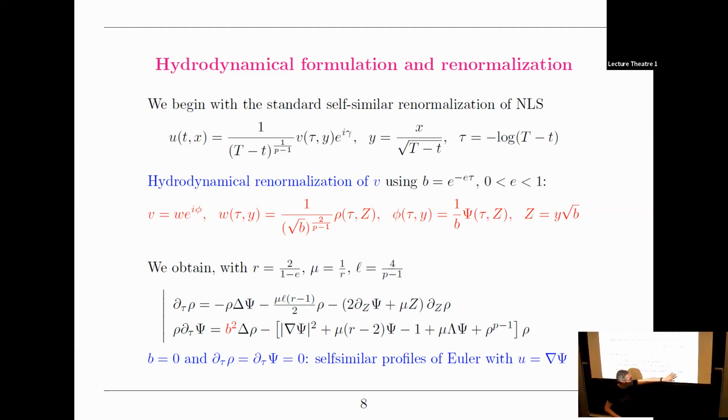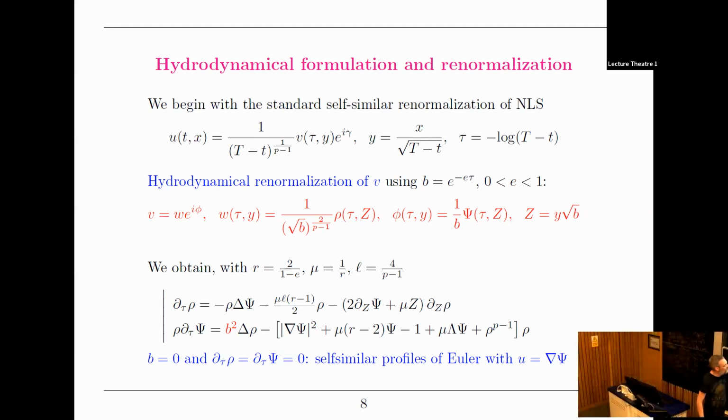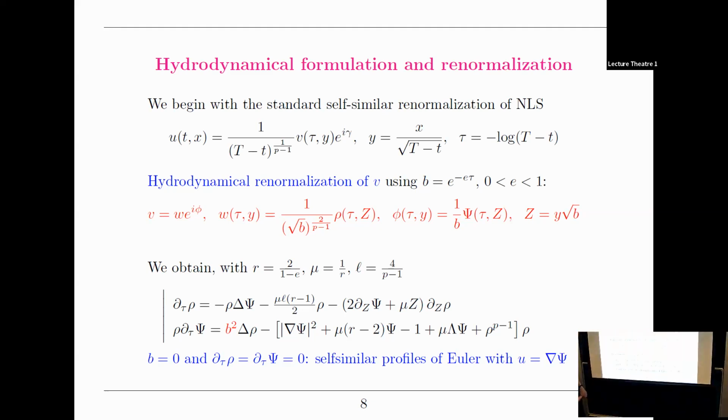So if you write the U of Euler as gradient of psi, in other words, you are in the so-called irrotational case, which of course is the case here because we are in radial symmetry, so you're always irrotational. Then if you do this, it's actually quite easy to see that these are self-similar profiles to Euler, provided you realize that this equation is the so-called Bernoulli equation. In other words, you integrate once the equation for u.